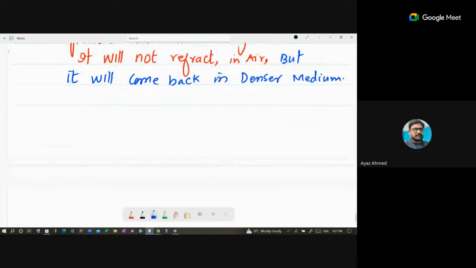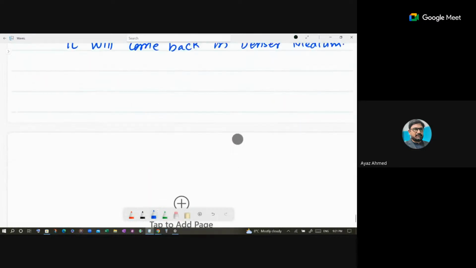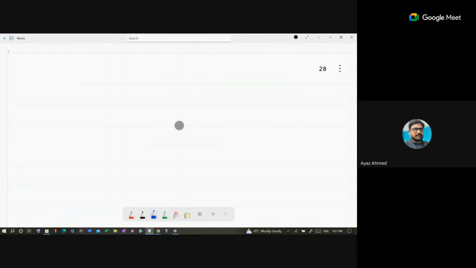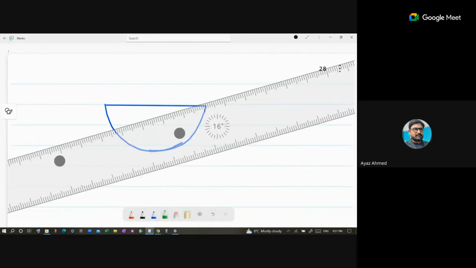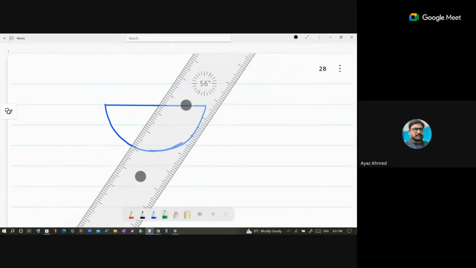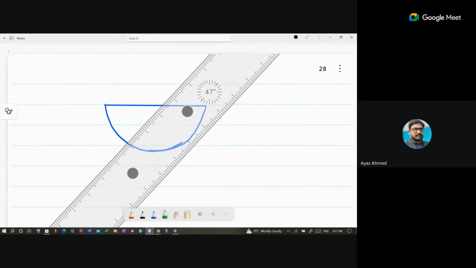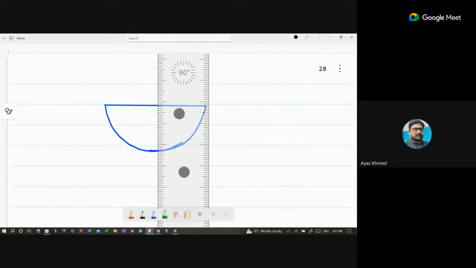So I will draw a diagram for that one over here. Let's say this is a semicircular disc of some plastic or whatever that is. Here I have to draw the normal at this point, and then I will draw a line at this position. This is the normal.